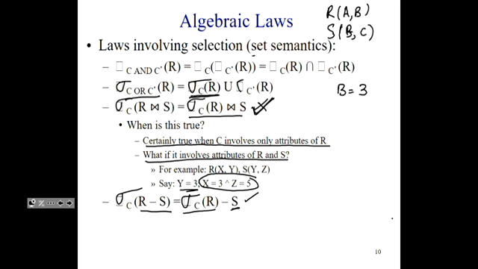So instead of saying I'm going to do the differentiation operation of R minus S, so take all in R, remove all in S, and then eliminate those that don't satisfy the condition, I can first go ahead and eliminate those that don't satisfy the condition from R, and then subtract S. I'm not going to eliminate anything more than I should, because you're still applying the selection condition to R first.